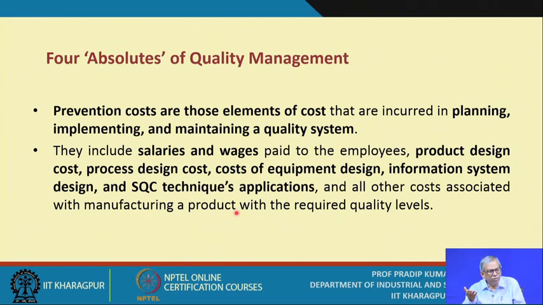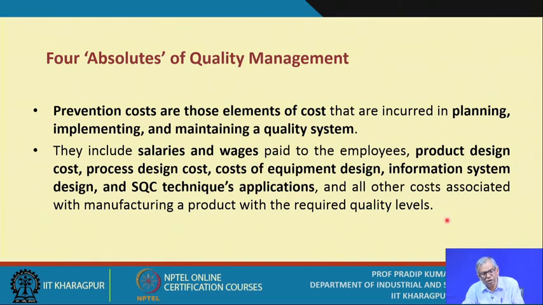Now, what are these cost elements? What are the individual cost elements under prevention cost? Salaries and wages paid to the employees, product design cost, process design cost, cost of equipment design, information system design, and whatever SQC techniques, statistical quality control techniques, you have been applying for running the quality systems in your production, and all other costs associated with manufacturing a product with the required quality levels.